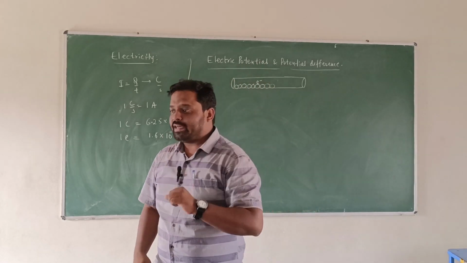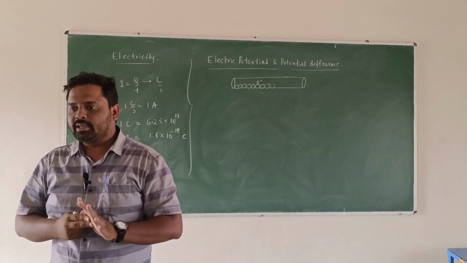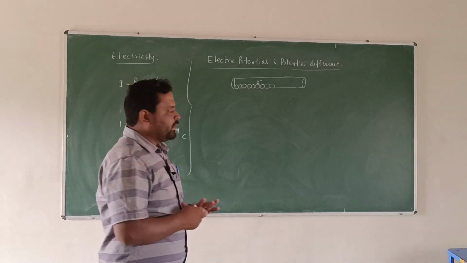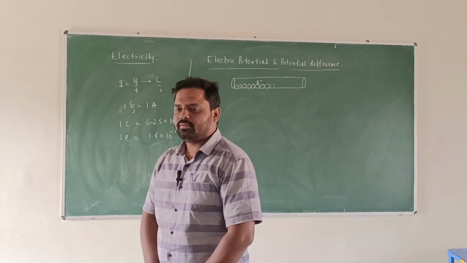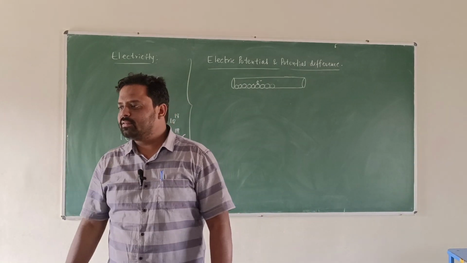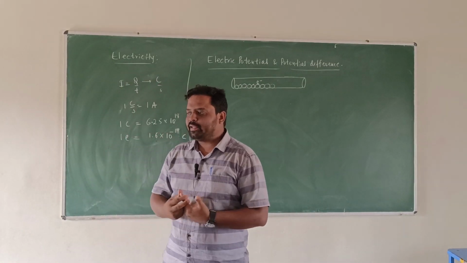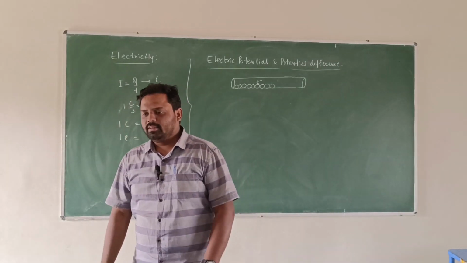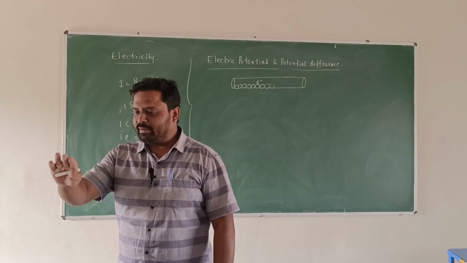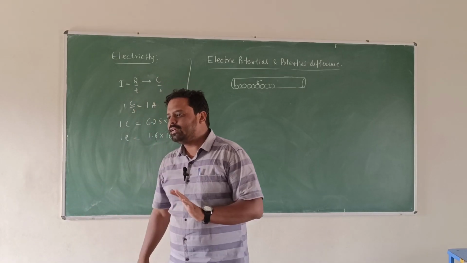We said flow of charges, which means they have to be set in motion, correct? They have to move. But can they move? No. That is as per 9th standard, correct? As per 9th standard, what is the understanding? You have to give it certain height to make them move forward. Let me complete first, right?